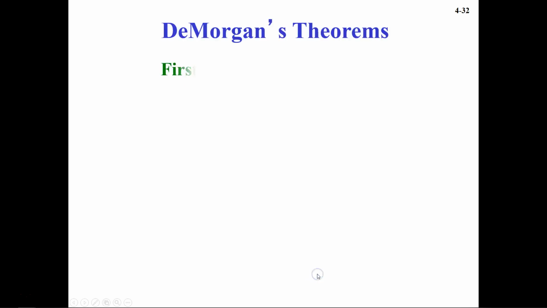Now let's next see De Morgan's theorem. The Boolean algebra, the algebra of logic circuits, has many laws or theorems, and De Morgan's theorems are a part of that. This is very useful.